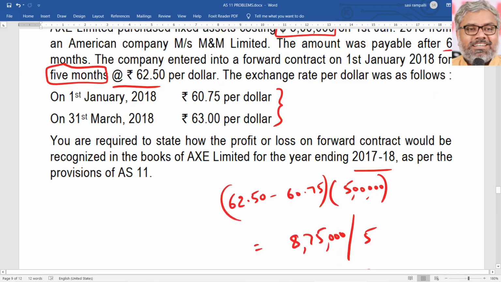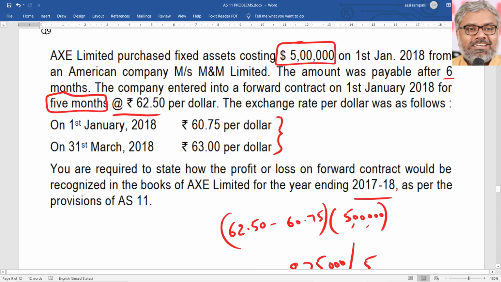Even just for imagination and understanding purposes, if it is a speculative contract, then there will be a gain actually, because the contract was purchased at 62.5 and on 31st March 2018 the market value was 63. That means there is a 0.5 rupees per dollar gain. That means 2,50,000 rupees gain was there, mark to market gain, that will be recognized on 31st March.